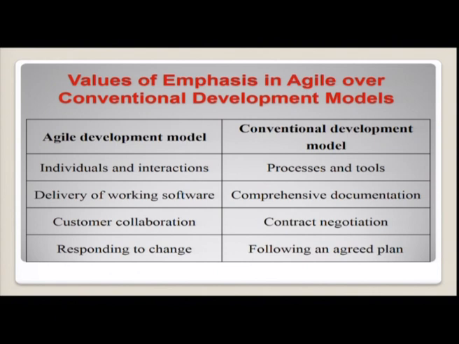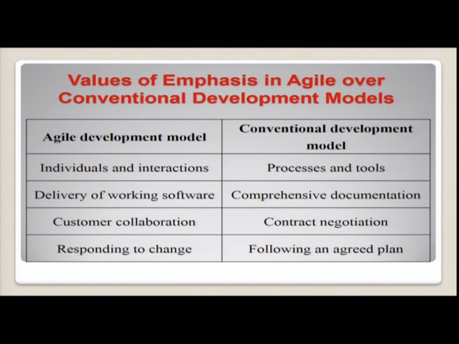In the Agile development model, we have listed all the values with respect to the Agile development model. We will also list a few things with respect to the conventional development model. The values on the left are addressed the most: individuals and interactions over process and tools, which means here it is people oriented, whereas in the conventional model it is process oriented.